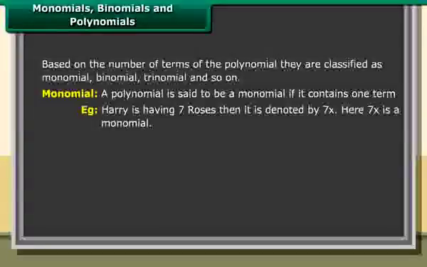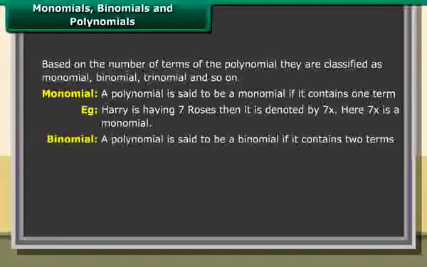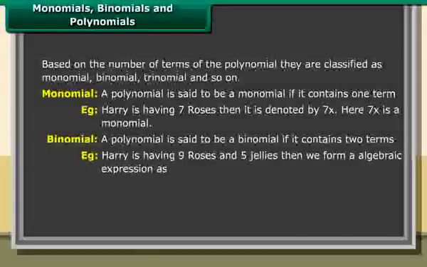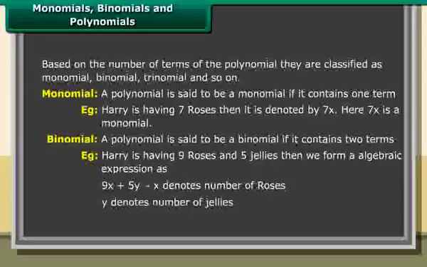Here, 7x is a monomial. Binomial. A polynomial is said to be a binomial if it contains 2 terms. Example, Harry is having 9 roses and 5 jellies. Then we form an algebraic expression as 9x plus 5y. X denotes number of roses, y denotes the number of jellies.